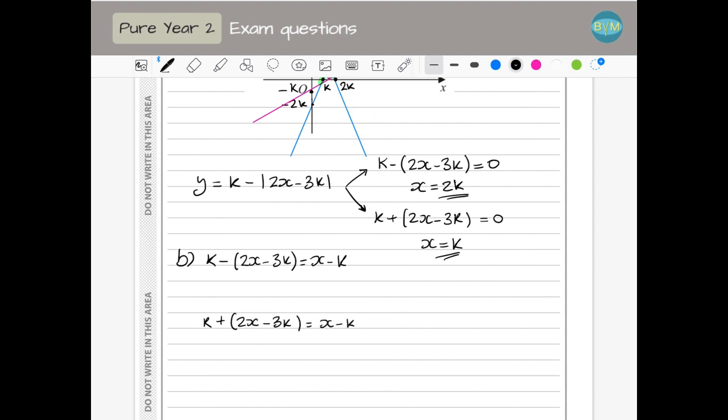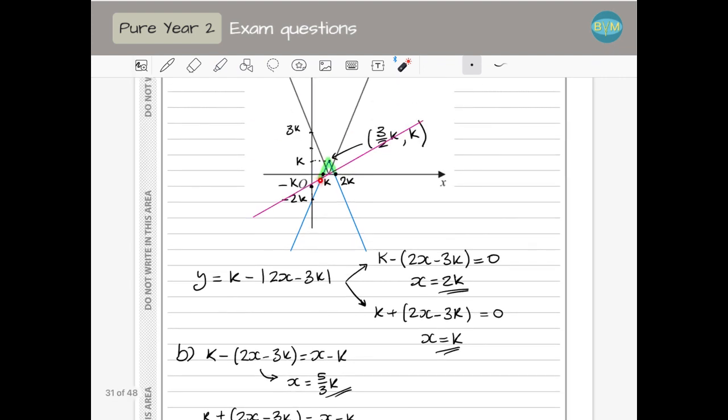And I just solve it. So if I solve this one, I have that x is 5/3 of k, so 5/3 k, that's the first one. And if I solve this one, I have x equal to k. So these are these two points.